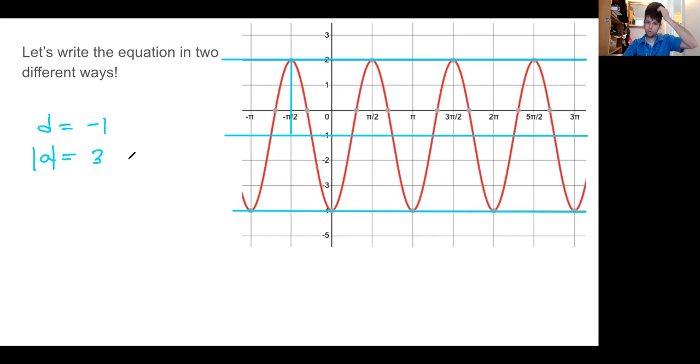Now, once we decided those things, to decide if it's sine or cosine, we're going to do it 2 different ways. We'll do one as a sine curve and one as a cosine curve. So let's do the sine curve first. Sine curves should start at the midline. You can pick any of these places where it looks like it's starting at the midline.